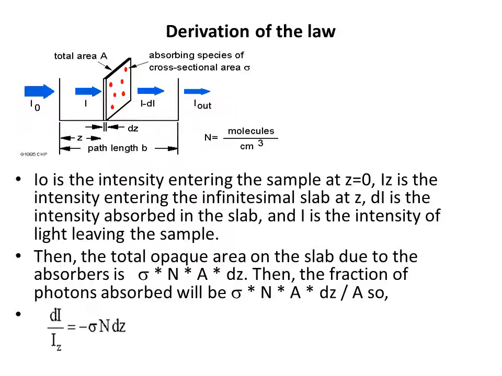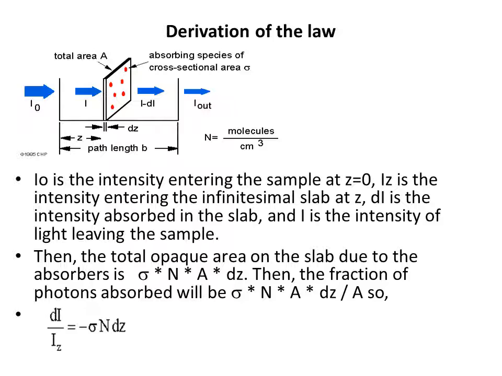Derivation of the law. Already we have discussed this form. I naught is the intensity entering the sample at z equal to 0. Iz is the intensity entering the infinitesimal slab at z, dI is the intensity absorbed in the slab, and I is the intensity of the light leaving the sample.